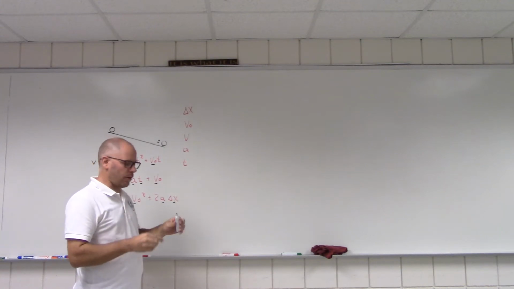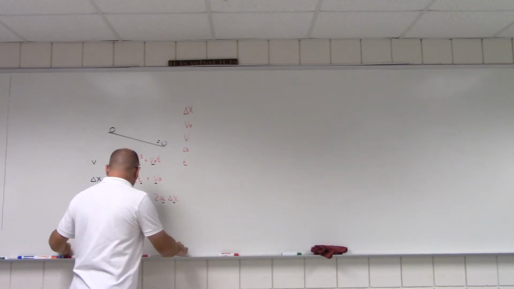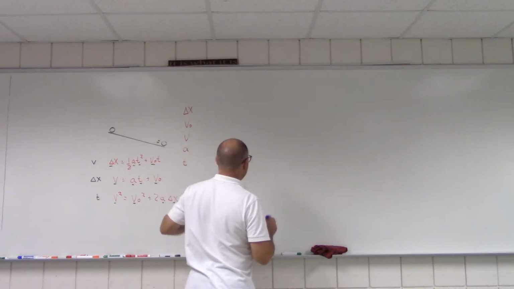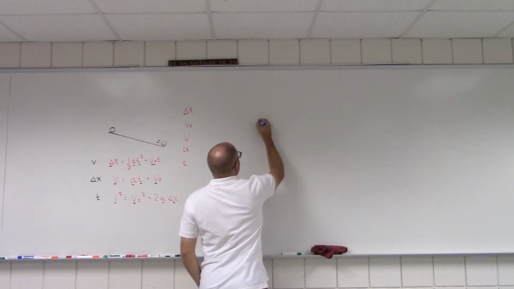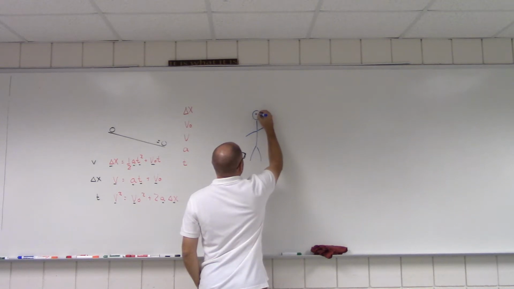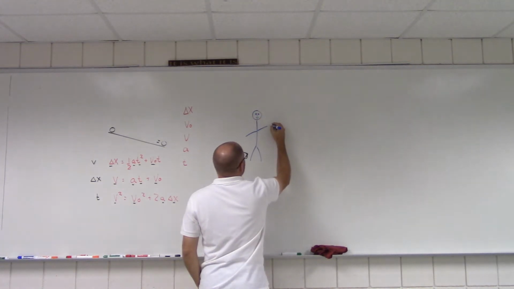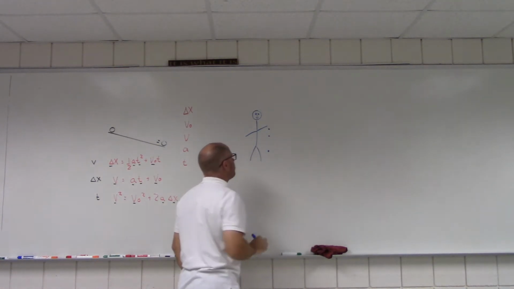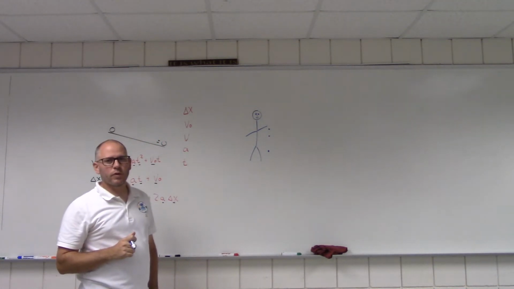Now, how does this relate to our free fall situation? What I like about the free fall situation is I have the same things. For example, our intrepid physics student drops a ball.